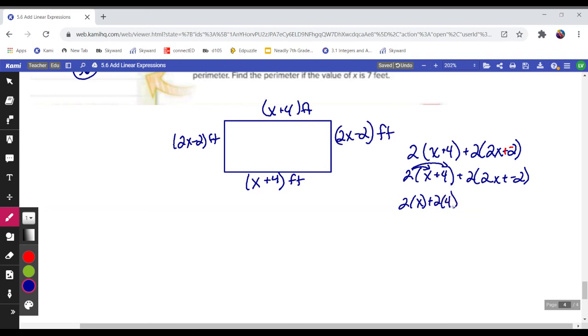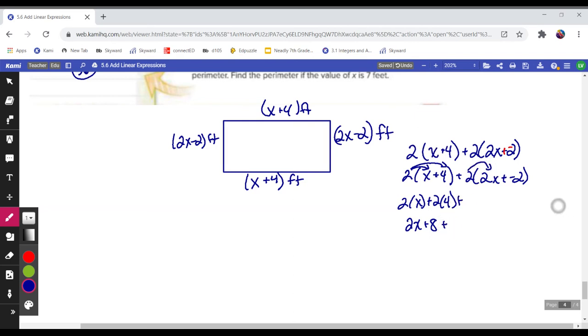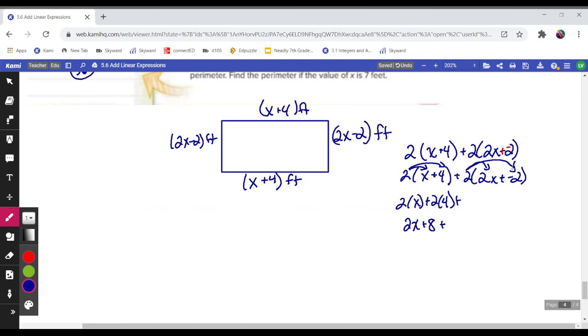And I want to keep solving until I can't simplify anymore. 2 times x is 2x, plus 2 times 4 is 8. Then I am adding 2 times 2x plus 2 times -2. 2 times 2x is 4x, plus 2 times -2 is -4.